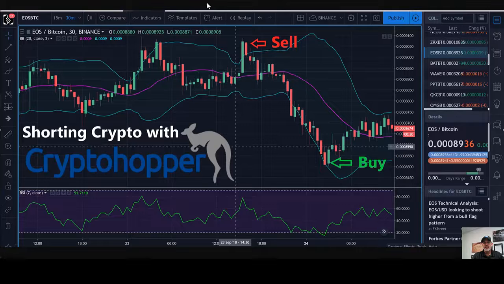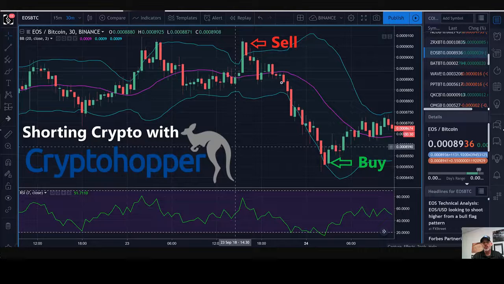So for example, if you took a look at the EOS chart and saw a double top coming in here, you decided that's going to be resistance and therefore you believe EOS will go down. And so you put in a sell order for 100 tokens of EOS, anticipating that it will go down.